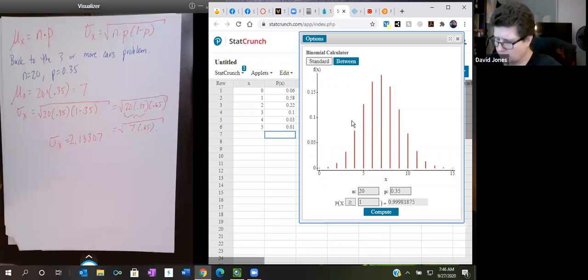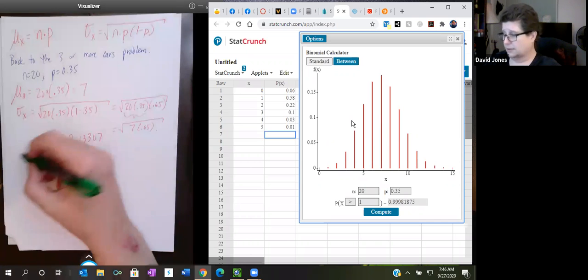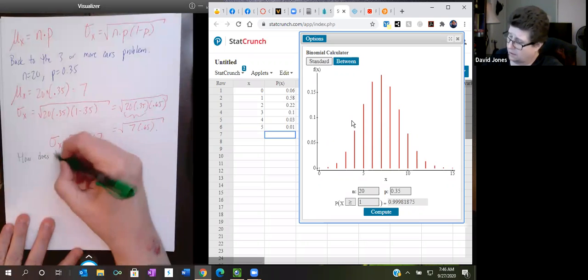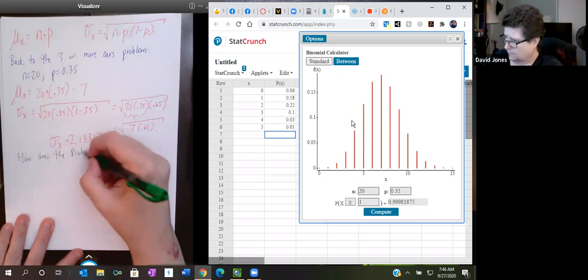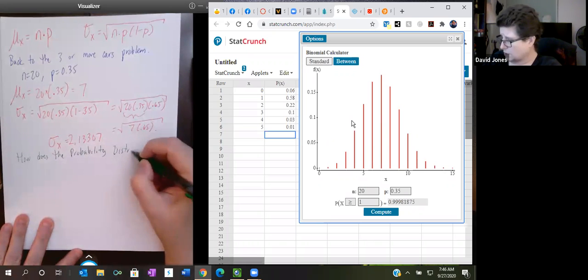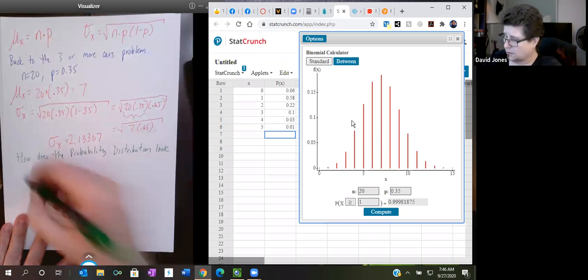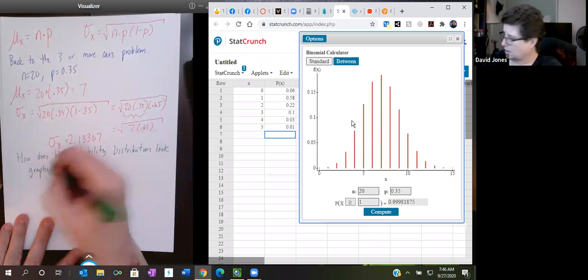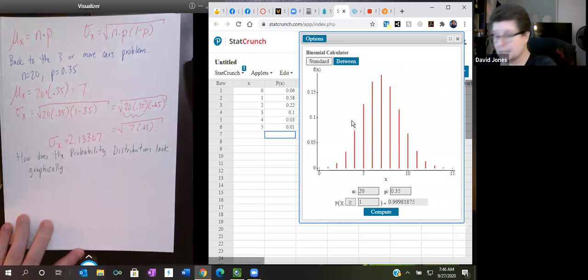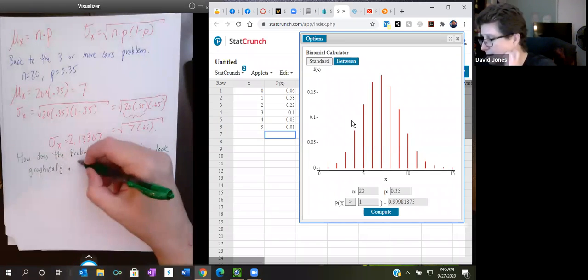How does this look graphically? We can actually see it on the binomial calculator.